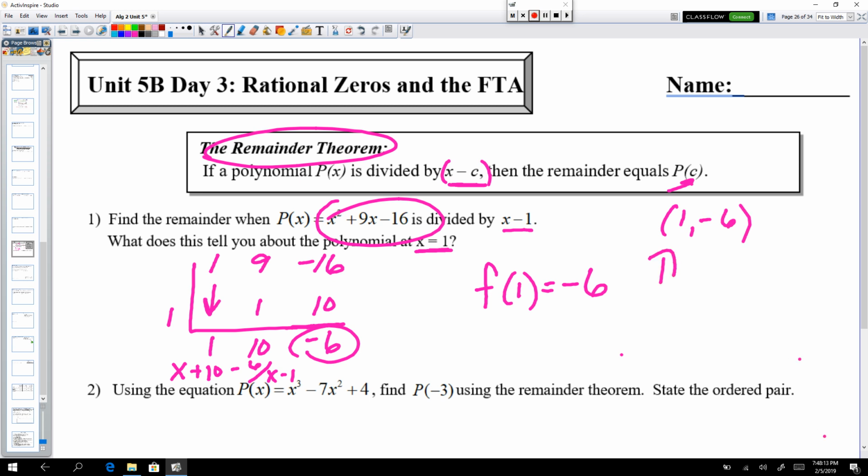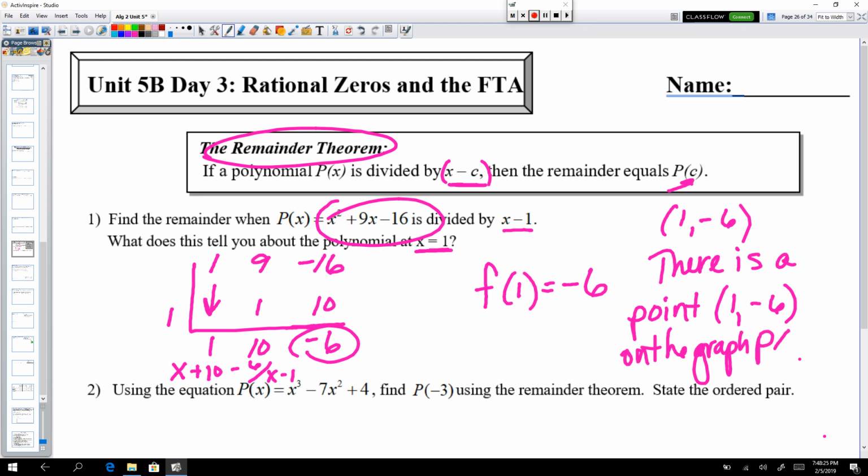So there is a point 1, negative 6 on the graph of p of x. Because if you put 1 in, you get negative 6 out. So that's a little piece of information. You know how we love graphing through points that we know about. We can find the zeros, we can find the vertex, and now we can find this additional point, 1 comma negative 6, which is a super useful point that we can use to graph as well.